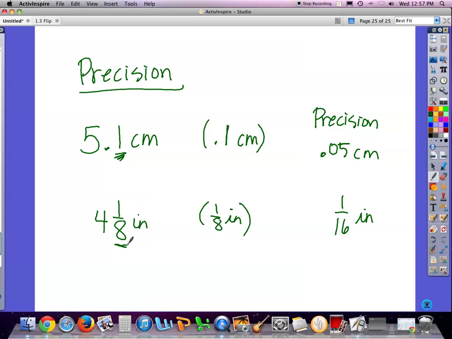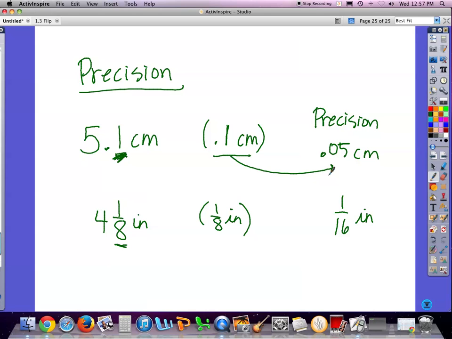We had a review on this as well about precision, and you have an assignment you can look back on. It's not the easiest thing, but I think I've kind of trained you. If you see something with a decimal, whether it's 5.2, 5.6, 5.8, or 5.9, that's a 0.1 centimeter ruler. Your precision is half of that number.